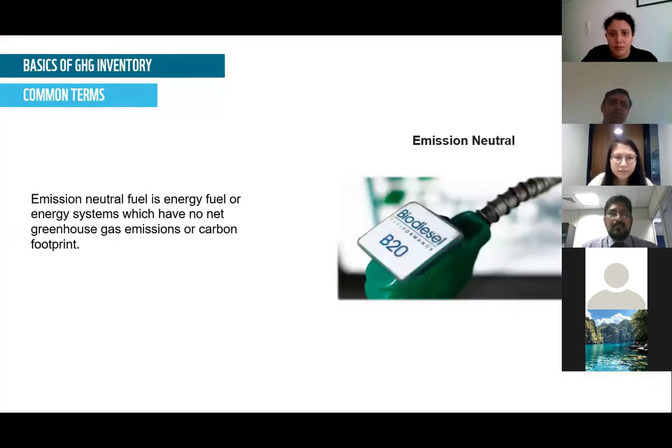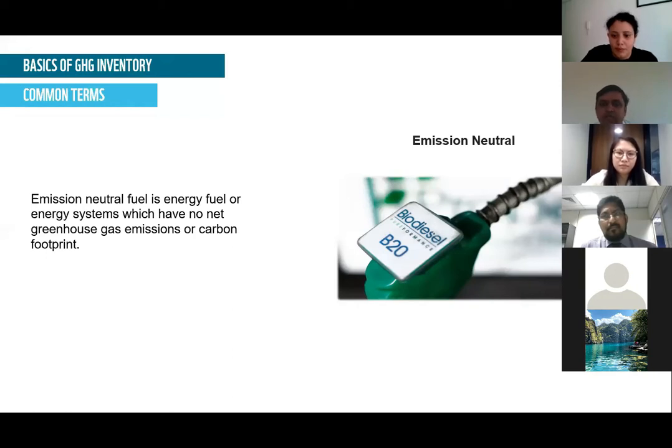Emission neutral is a term used for fuels such as biodiesel, where there is no net addition of greenhouse gas emissions into the atmosphere. So what happens in the case of biodiesel?